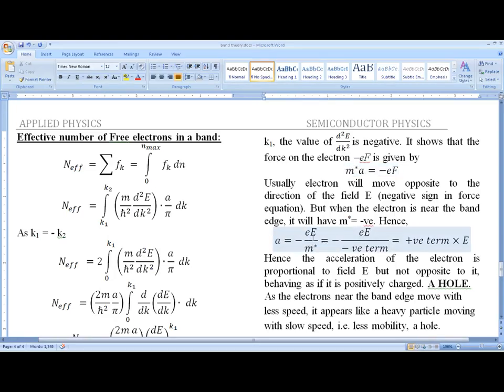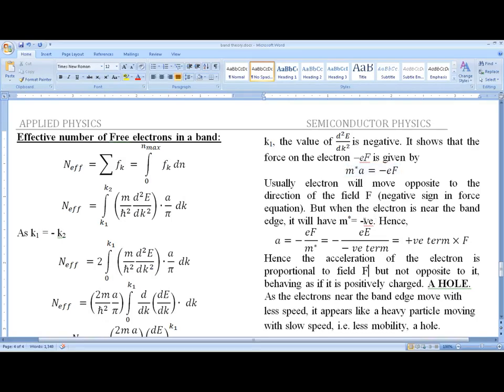As a equal to minus eF by the effective mass of the electron, it is going to be eF by m star, and hence negative over negative, which is actually some positive term times this electric field F. So surprisingly, the electron is going to move not opposite to the electric field, but in the direction of electric field. So acceleration is proportional to F and in the same direction, unlike the opposite direction.